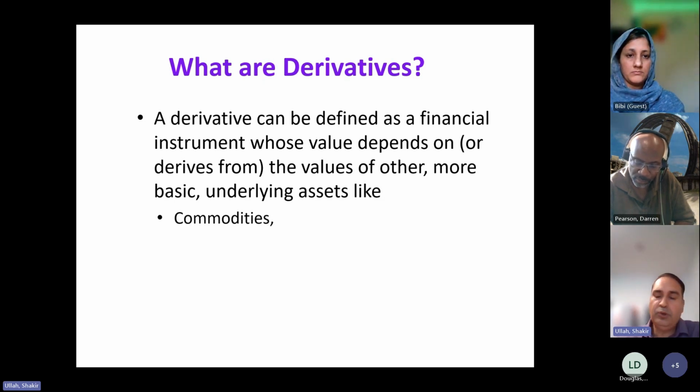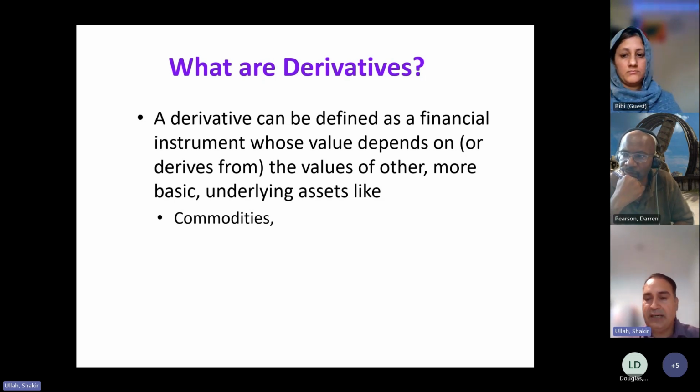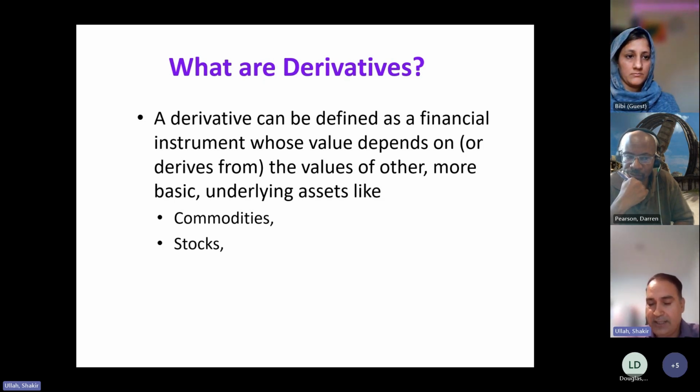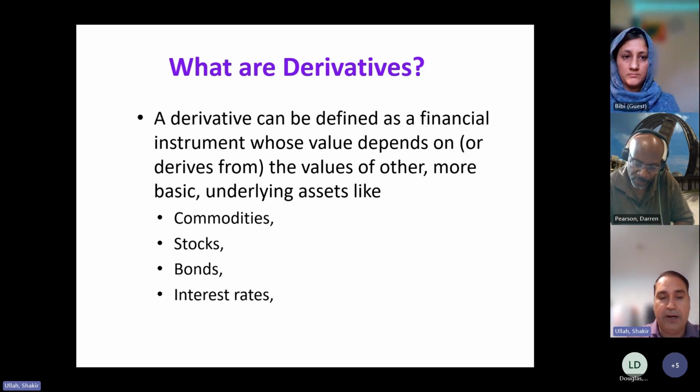Now, what could be those underlying assets on which you can develop a financial instrument that we call a derivative instrument? The underlying asset could be a commodity, like a grain, for example. It could be oil. It could be gold, anything like that. Or it could be stocks. As I mentioned, like Tesla, you can buy or sell a derivative product based on that stock. It could be bonds. It could be interest rates.